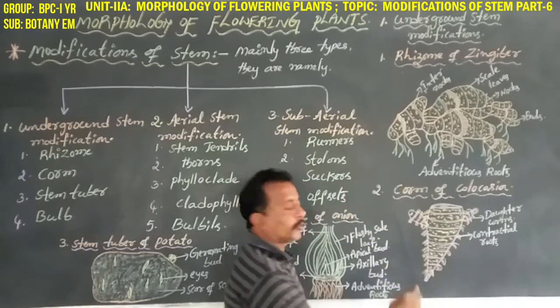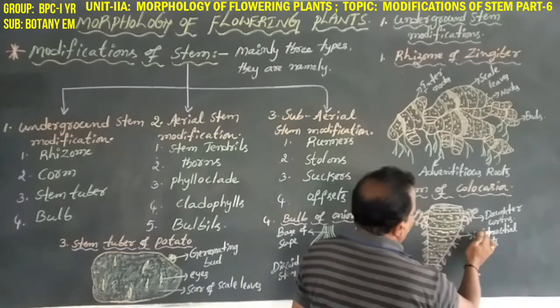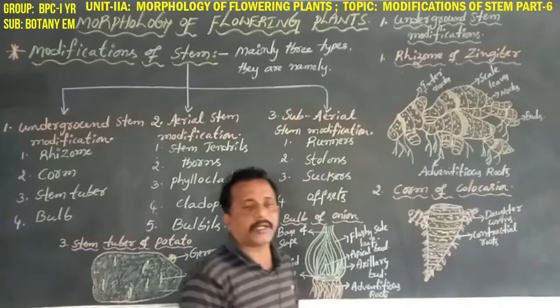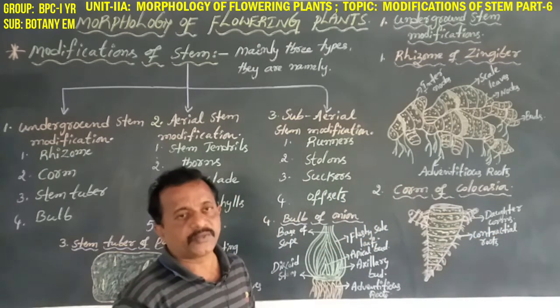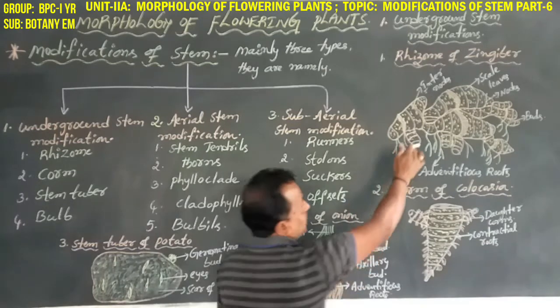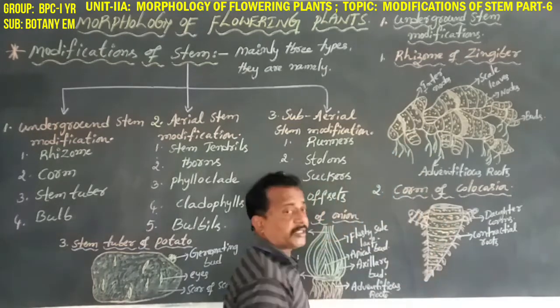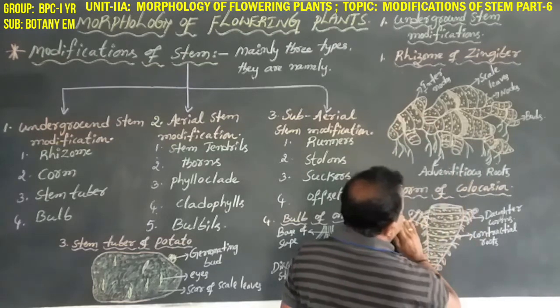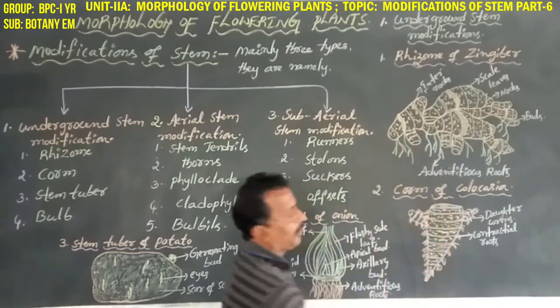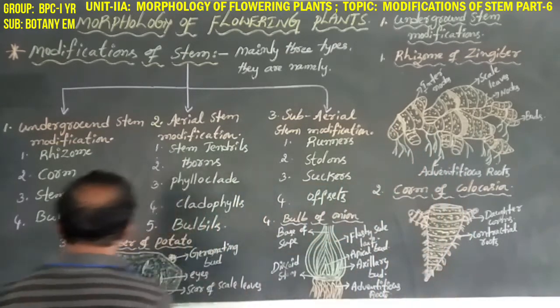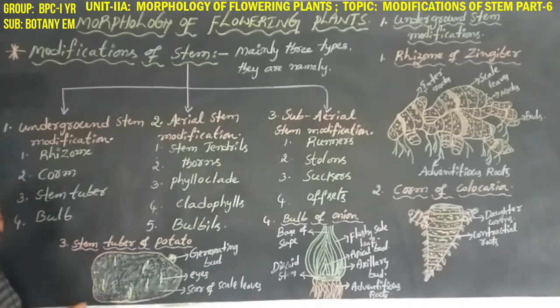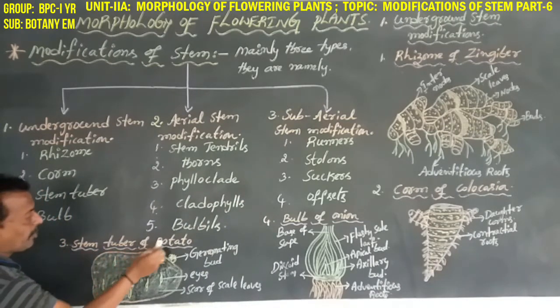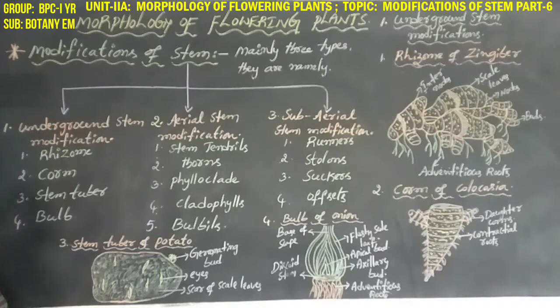These nodes partially bear contractile roots. So these two are underground stem modifications, but this one always grows horizontally and this one grows vertically.